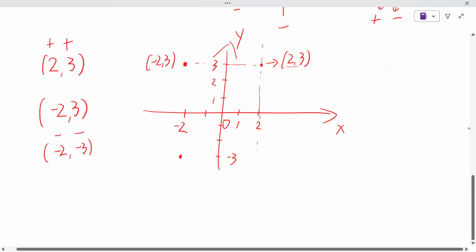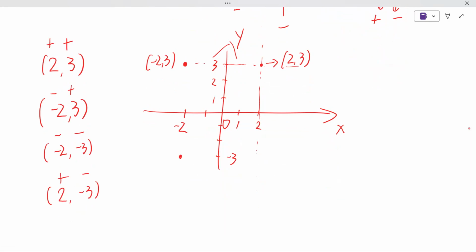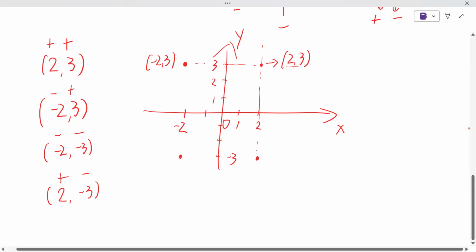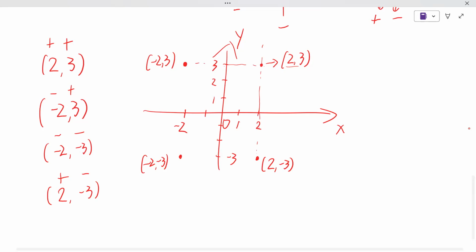Both negative. And then the last one will be x positive, y negative, so x is 2 and y is negative 3. So basically, these quadrants give us different combinations of x and y values.